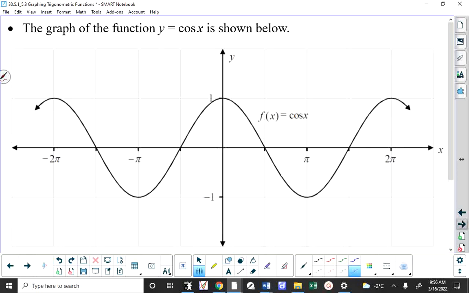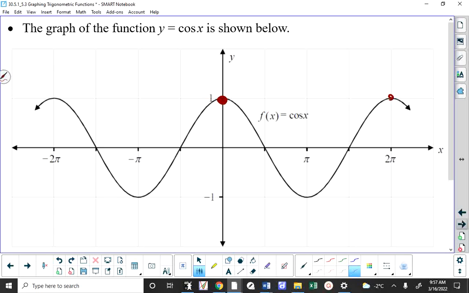Let's take a look at cosine of x. I'm not really going to explain this in any detail. What I will say is that when you look at 0 degrees or 0 radians on the unit circle, the cosine is 1. So it starts at 1. This is actually what we're going to call the start point when we get into this in detail next week. But it starts at 1.